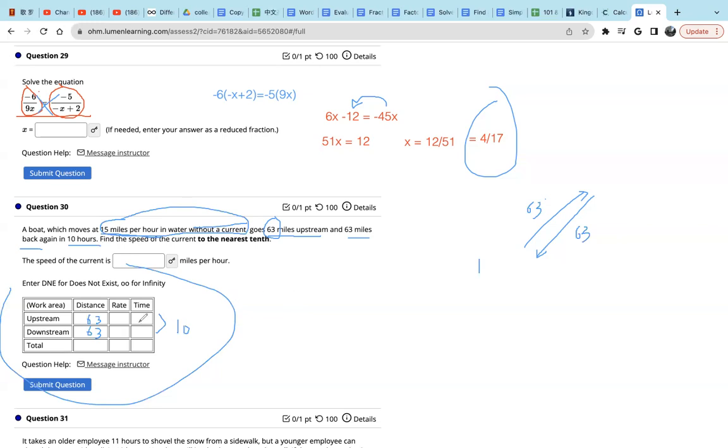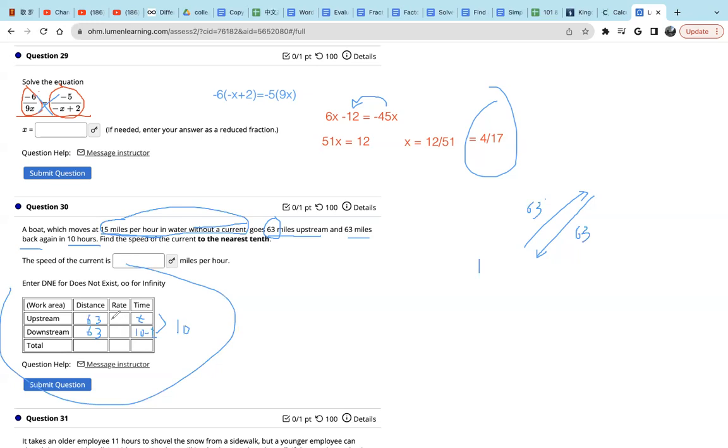So let's use variables. Let's say this is T, upstream. Then this will be 10 minus T. Upstream, the rate with the current: if you go upstream, the current goes against you.